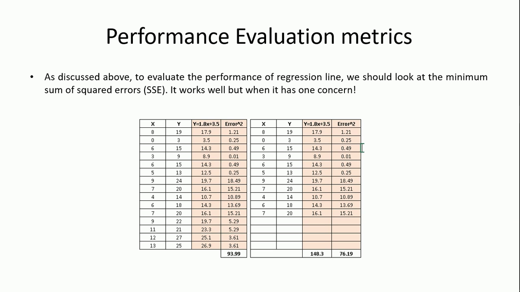When you calculate the sum of squares of all errors, in the first table the error value is 93.99, while in the second it is 76.19. So when we discard points, the error reduces a lot, hence the sum of squared errors is highly sensitive to data points.